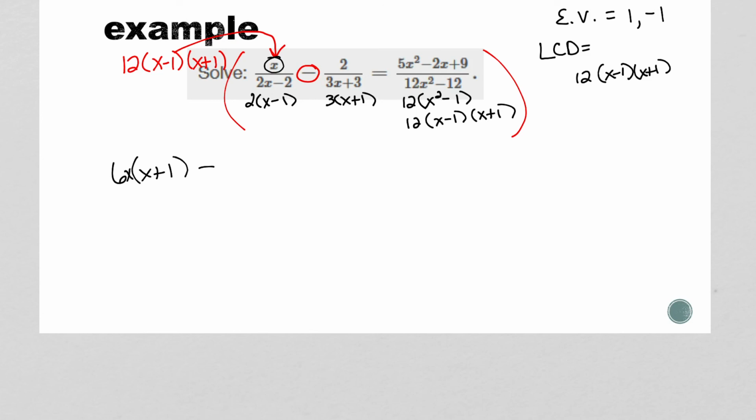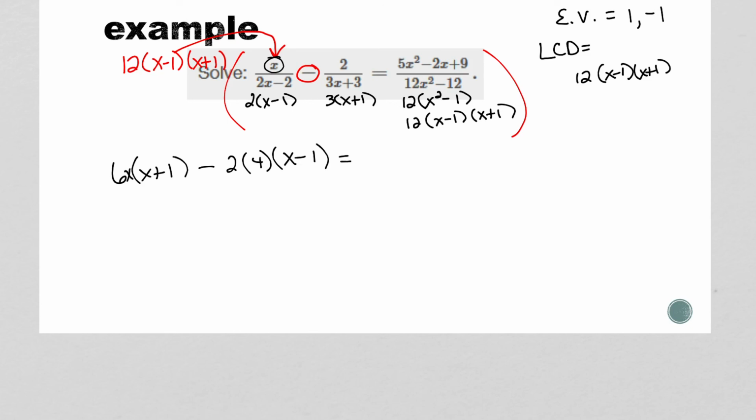Okay, now watch this. I'm going to write my numerator. I'm going to write it down. Now, the next thing I want to show you, check this out. 3 goes into 12 how many times? 4 times. And then we also get rid of our x plus 1's, and we're left with x minus 1.